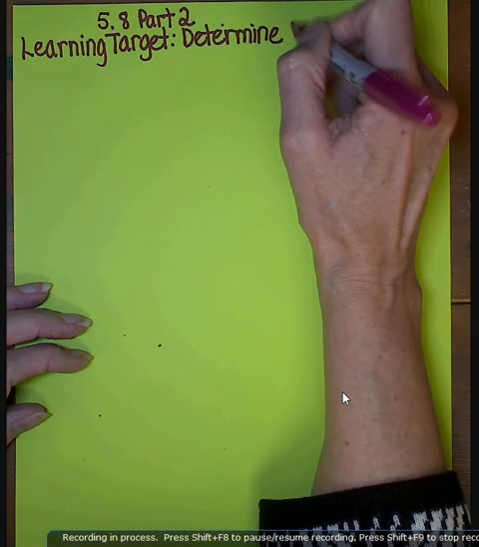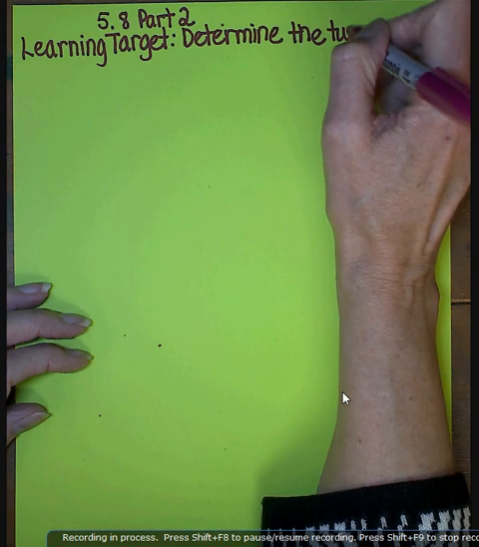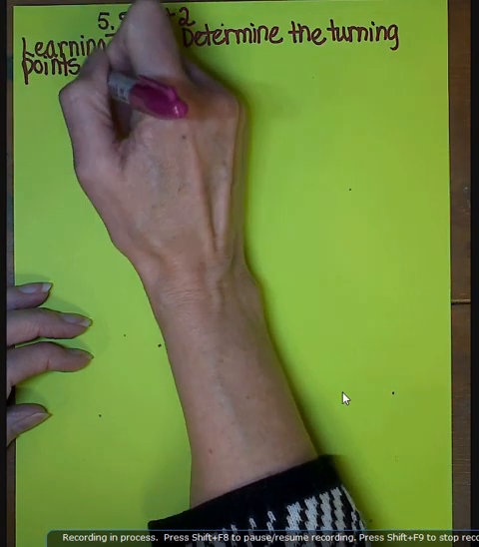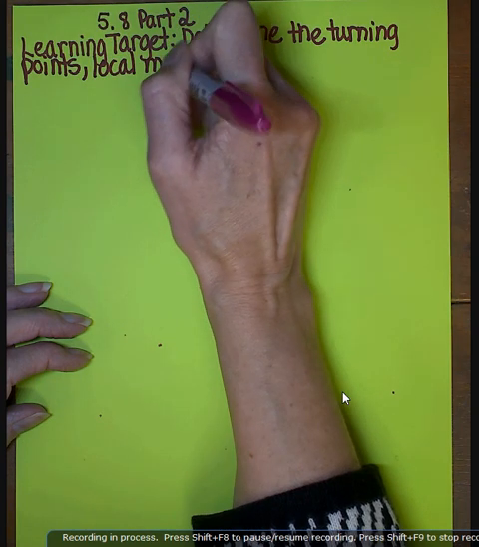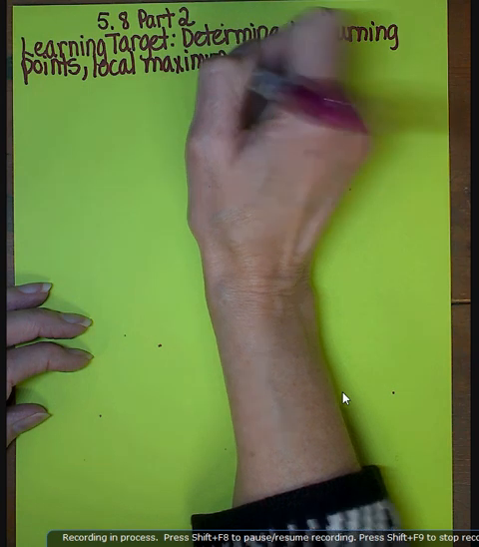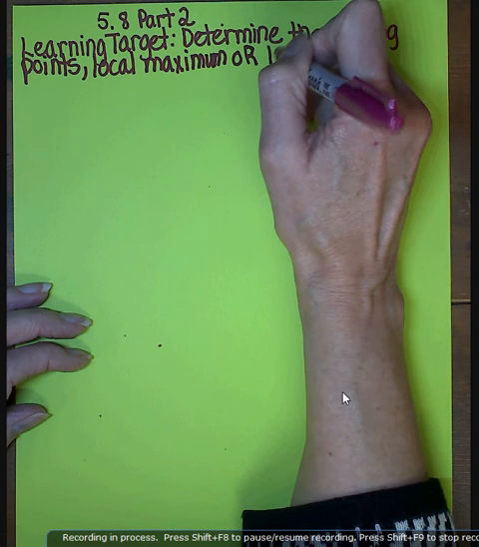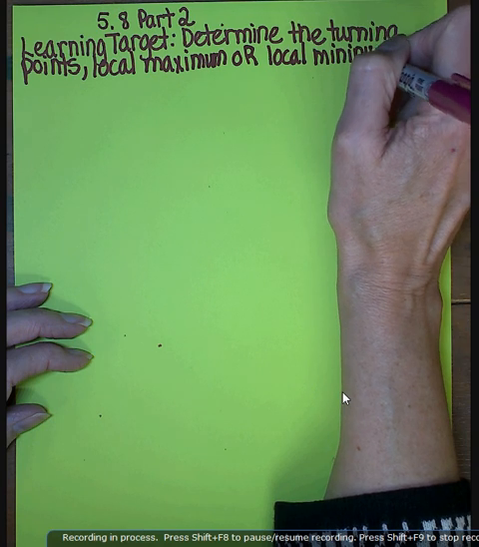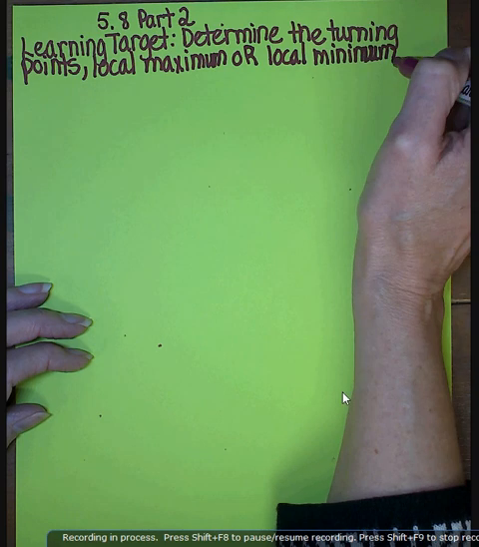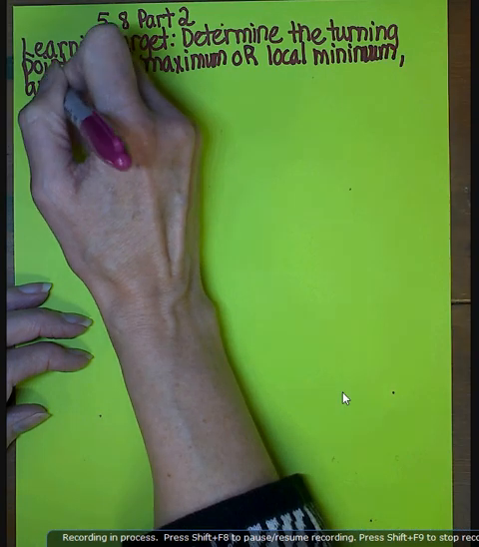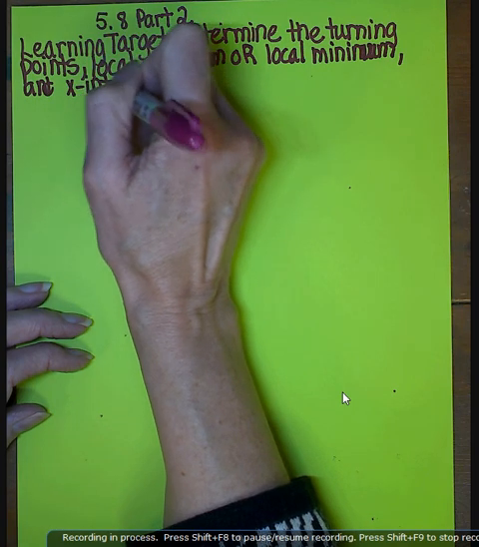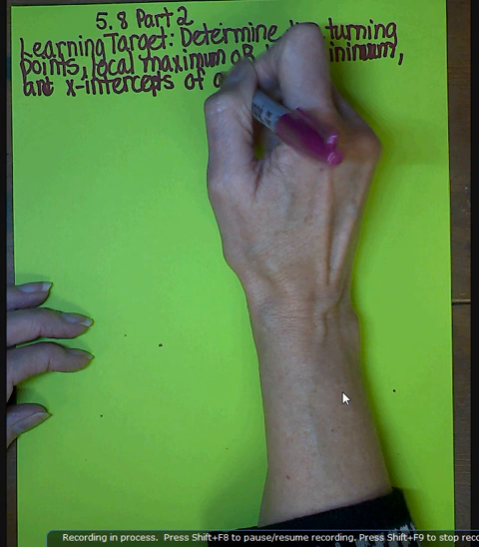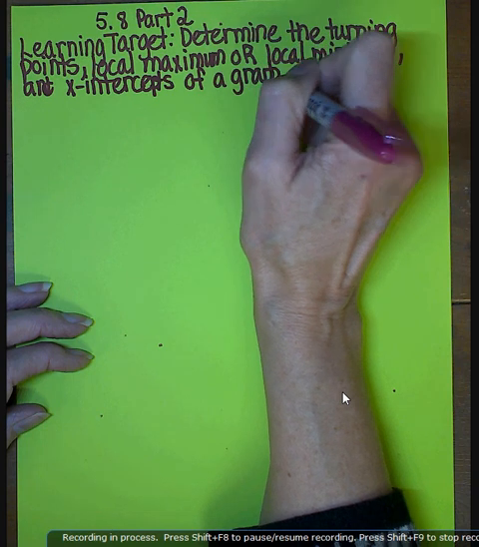the turning points, local maximum or local minimum, and x-intercepts of a graph of a polynomial function.